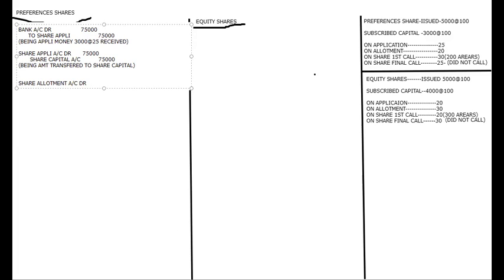How much should I receive? Allotment amount, how much do I have to receive? 3000 into the price, calculate the price. 3000 into 20 rupees. So 3000 into 20 means 60,000.